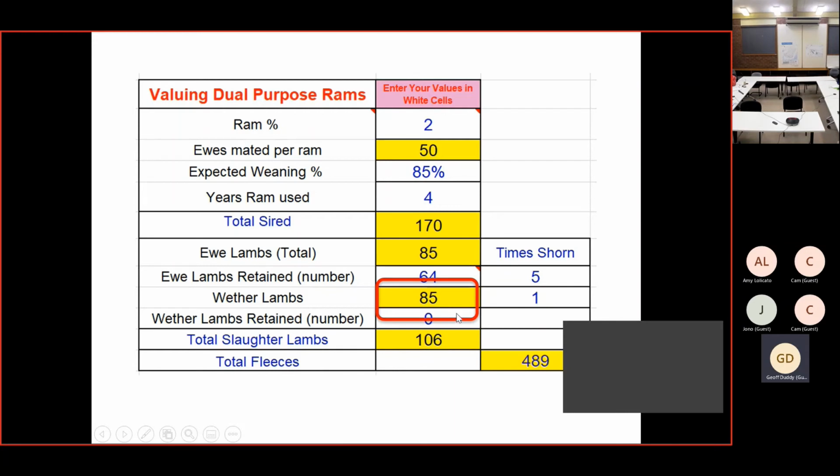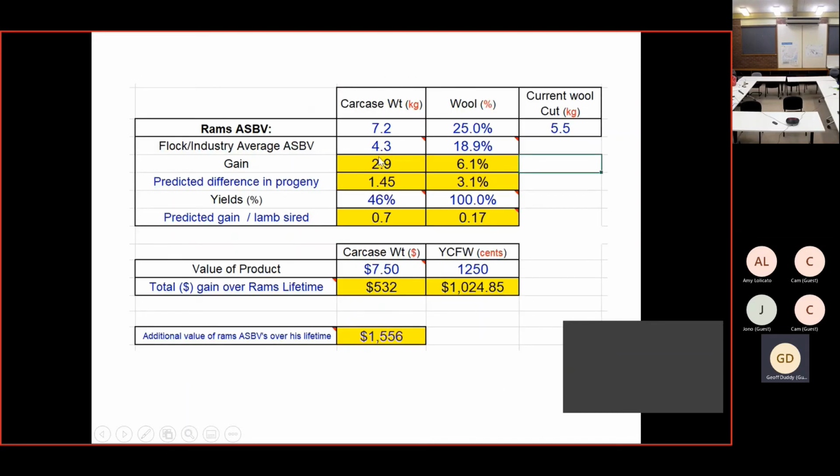You also have 85 wether lambs. So you have in total 106 lambs are going to go to slaughter, and you have 489 fleeces over the lifetime of these animals. So the ewe lambs are going to be shorn 5 times, and we're shearing the wether lambs once before sale. We then put in the ASBV values for post-weaning weight or yearling weight here, and this is clean fleece weight value here.